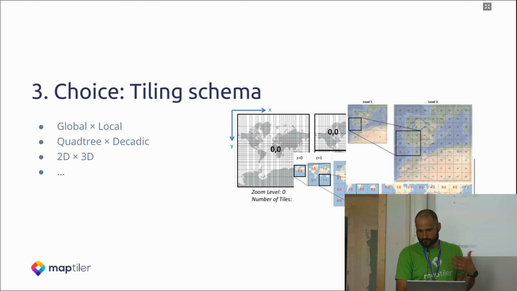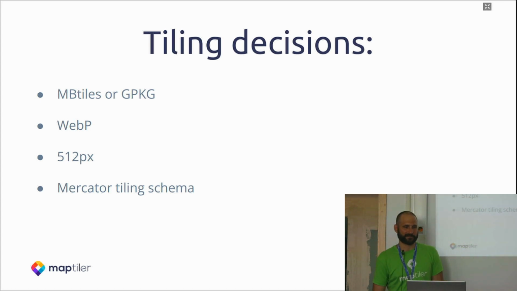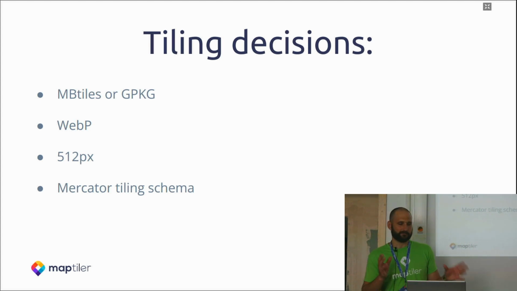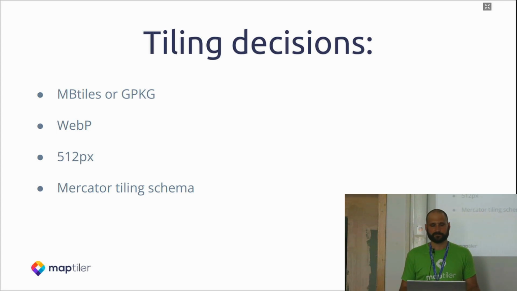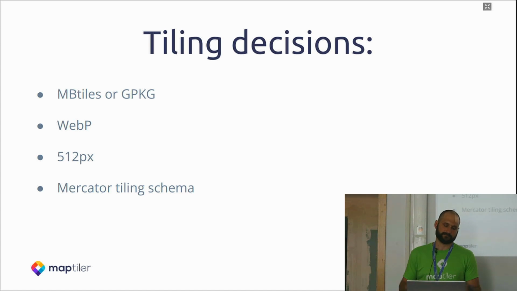So choose wisely, but I suggest, if you really don't have a good reason, stick to Mercator, because it is supported by all the libraries you are probably going to use to display them. So those are my decisions. I want MBTiles or GeoPackage as output, WebP for raster data, 512 pixel tiles, using the Mercator tiling schema. This is my target.